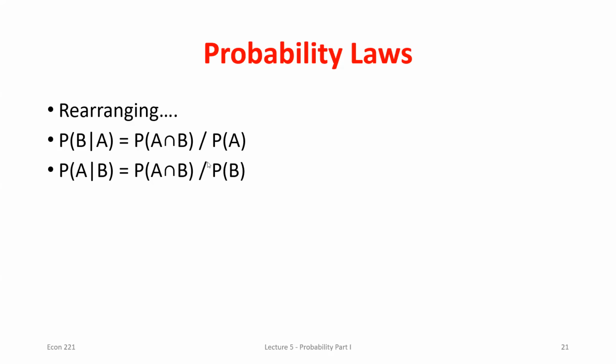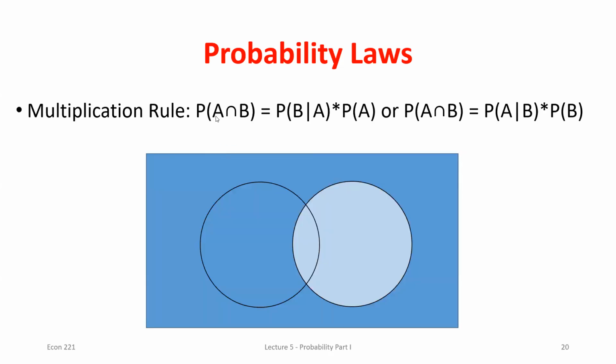So I think the visual gave us a good idea or intuition behind why this holds. And from there, it's just rearranging the equation a little bit, multiplying both sides by the probability of A, so that we can solve for the intersection of the two events, being the conditional probability times what I'm conditioning on.